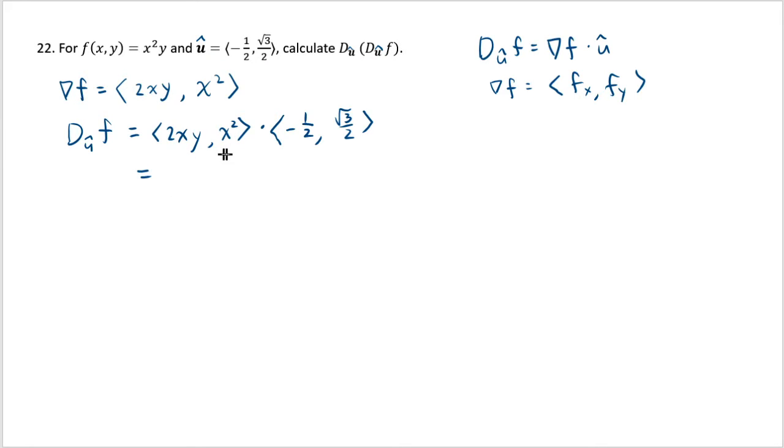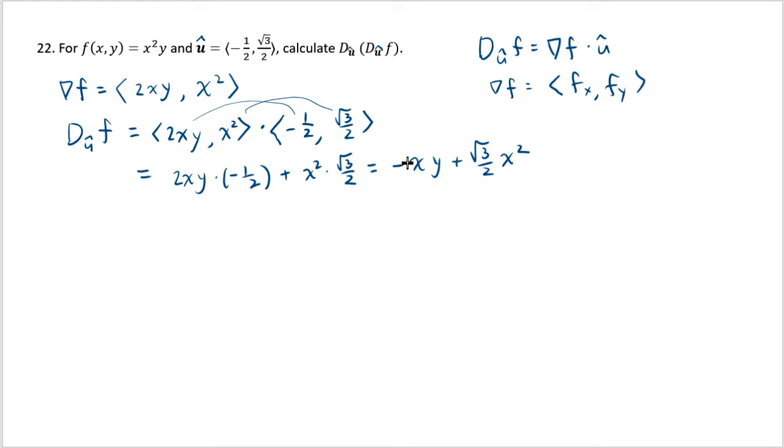This dot product is component-wise multiplication, and you add. So 2xy times negative 1/2 plus x squared times radical 3 over 2, where the 2 and 2 cancel, so you get negative xy plus radical 3 over 2 times x squared. Okay, so that's your new function.